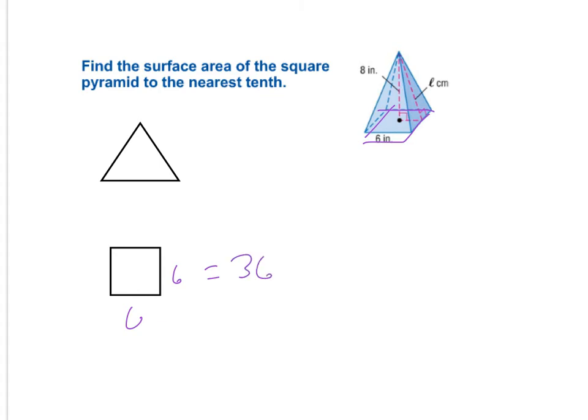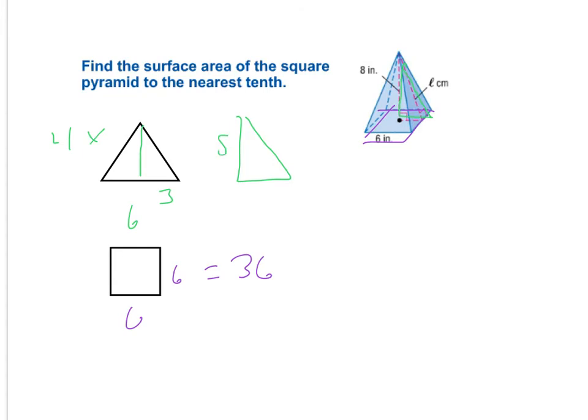And now let's look at our lateral faces. I'm going to have 4 of these guys. So I have 4 times, now if we look here, my lateral face, I need to get the slant height. I know my base is 6, so half of that is going to be 3. Can you picture the green triangle that's right here in our pyramid?